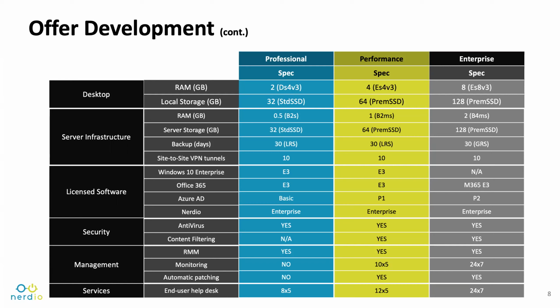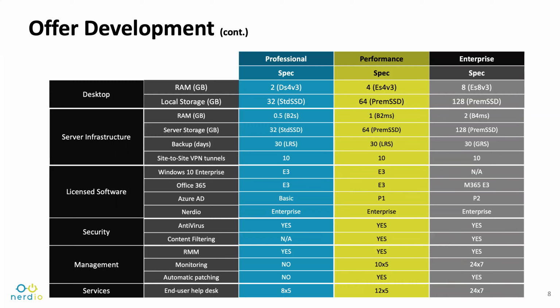Then you can have different types of backup with different redundancy levels, whether it's locally redundant, as in the case of professional and performance, or geo-redundant, as in the case of enterprise. Then we're going to have site-to-site VPNs. You can see how many of those are included depending on which plan you're with.